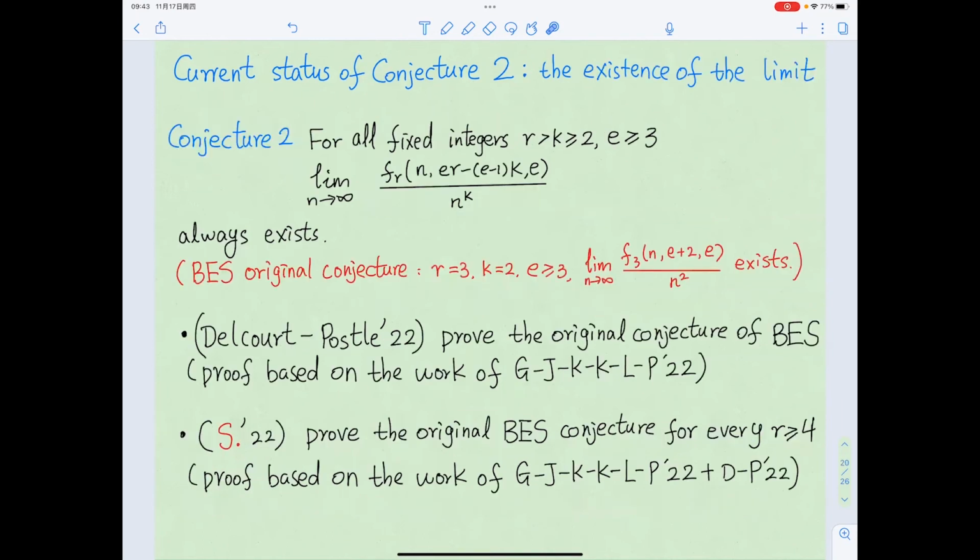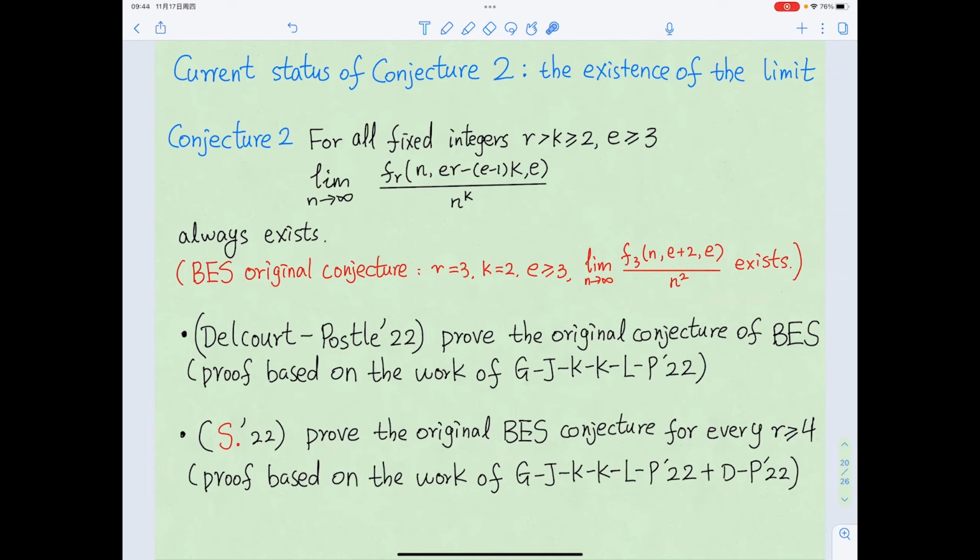Based on their work, a recent work of Erdős and Sós basically proves the original conjecture of Sós, which states that if r equals 3, k equals 2, then the limit always exists. So they can prove the original conjecture.